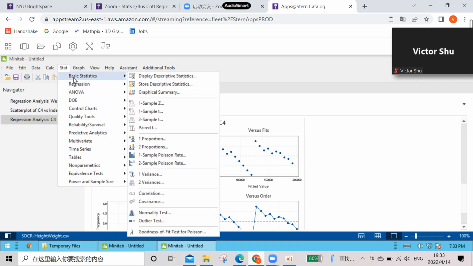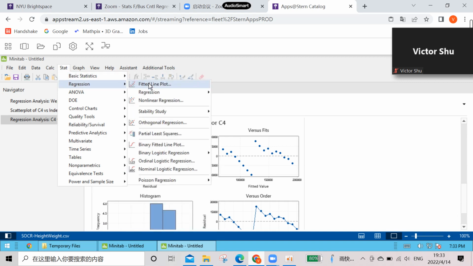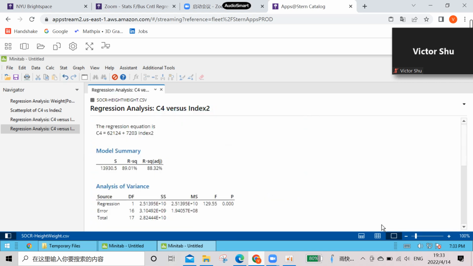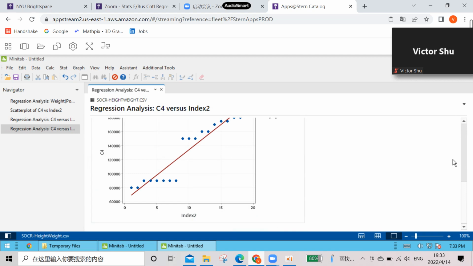After we do the regression, we have a clearer plot with a red line in the middle, which is the line of best fit. So it's beyond a scatter plot, it gives us a line.